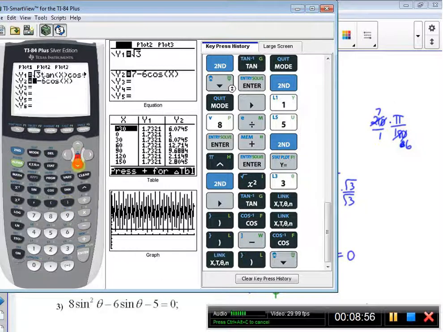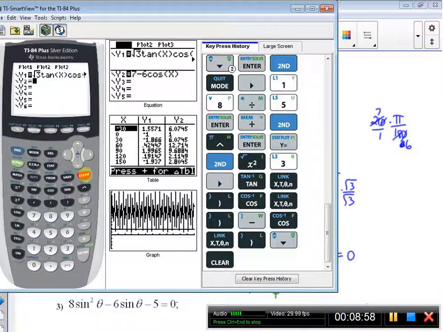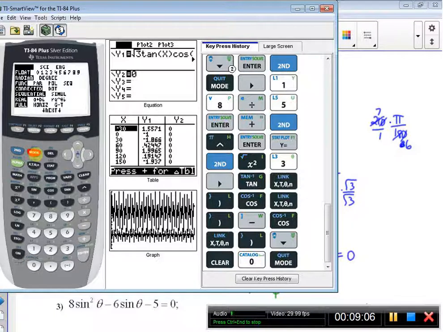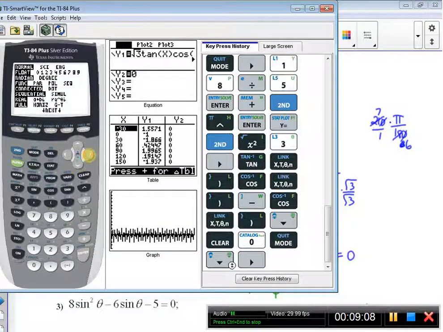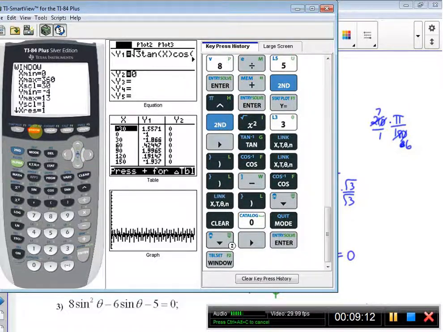And then in y2, I'm going to just put 0. Okay, so I'm going to keep it in degrees. Let me check my window is in degrees, though. I'm solving these from 0 to 2 pi, so 0 to 360. Let's change back that y max to 4.